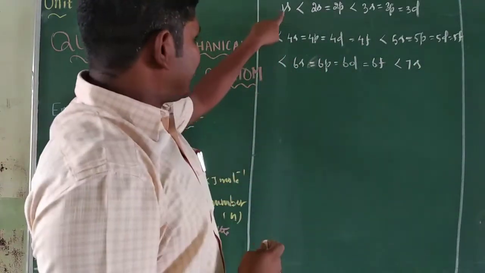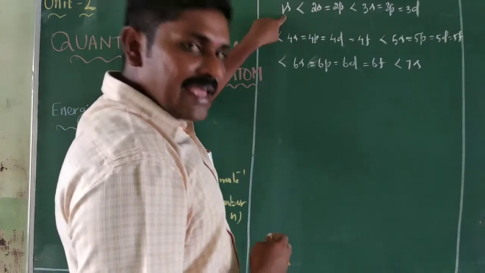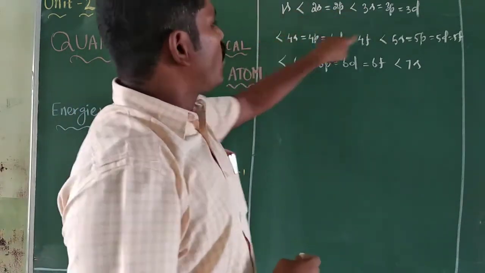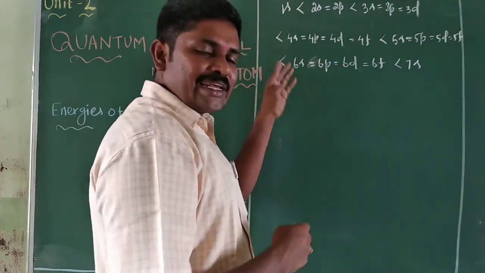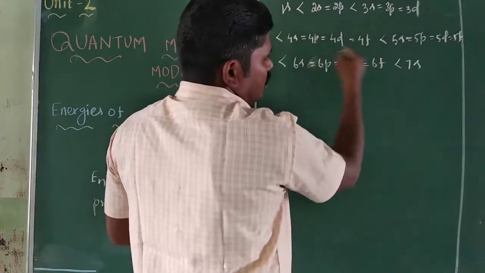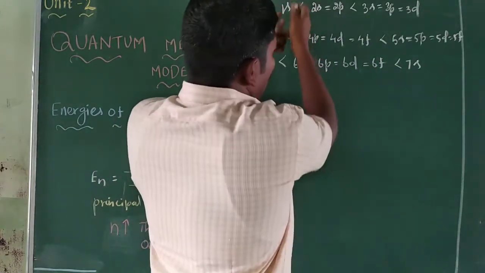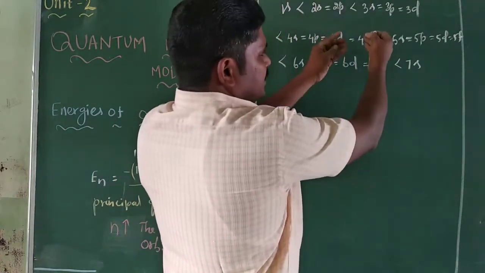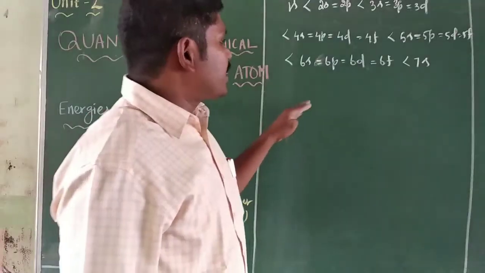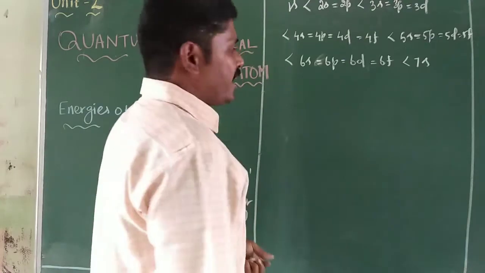As the n value increases, 1, 2, 3, 4, 5, 6, the energy of orbitals also increases. So 1s, 2s, 2p, 3s, 3p, 3d, in increasing order.